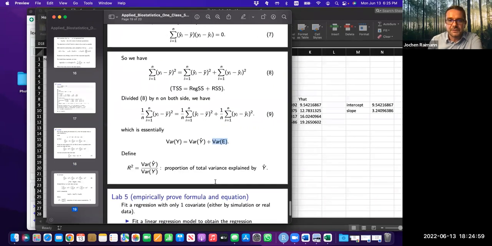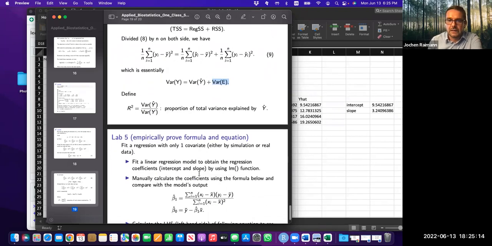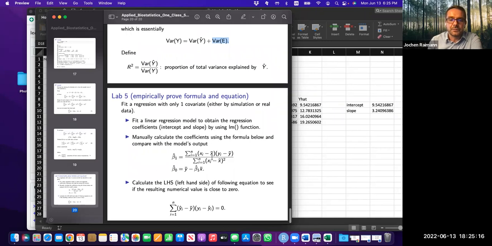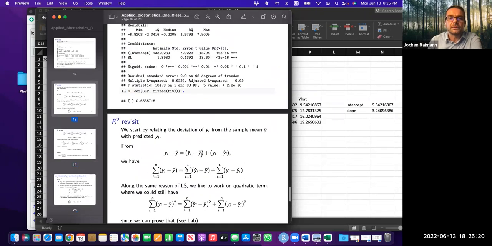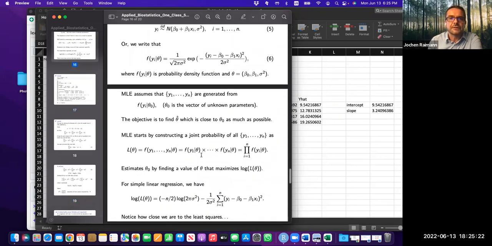This is the same situation. The variance of y is the total variability, the variance of y hat is our variance regression. We took the total and subtracted the residual error. And no, we didn't talk about adjusted R-squares yet.